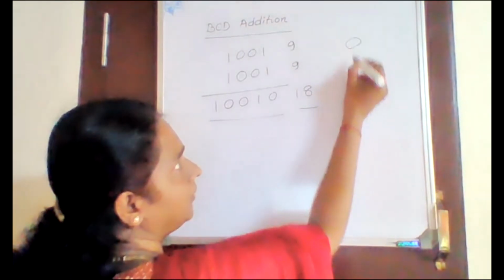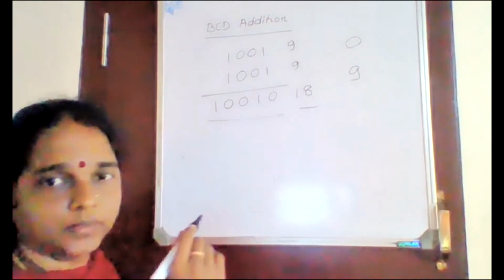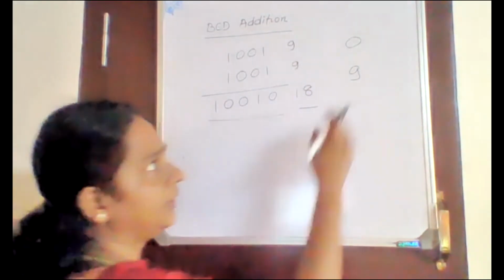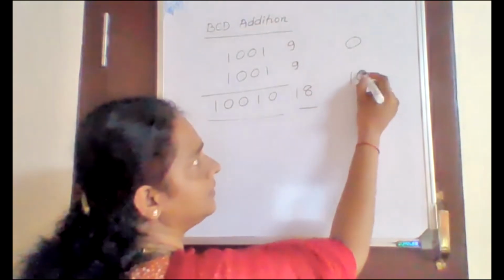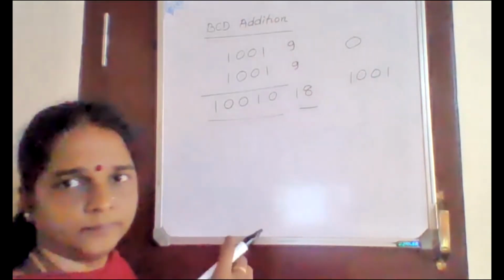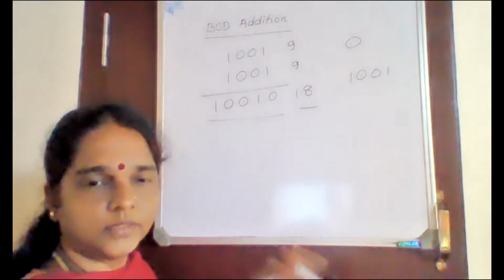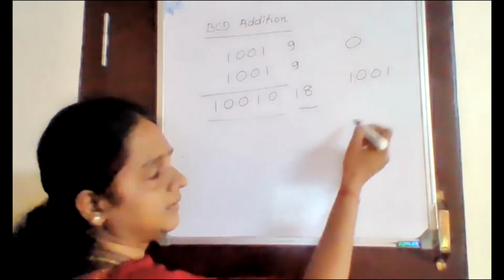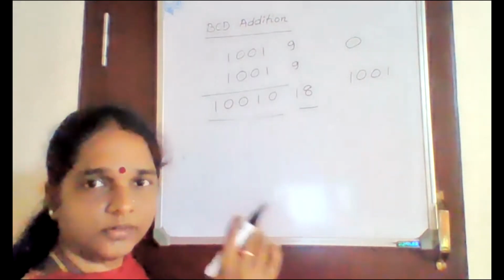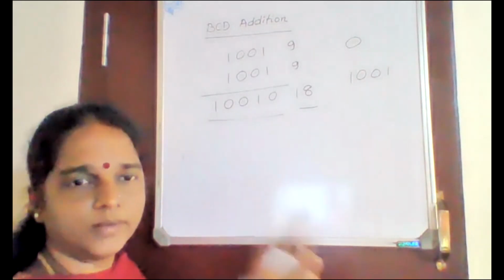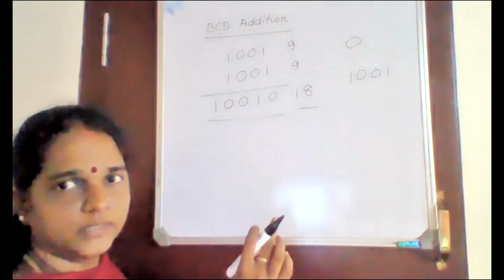We can write up to 9 only in decimal. In binary coded decimal, we can write up to 1001 only. The rest of the 6 values are not there, or they are invalid numbers in BCD.